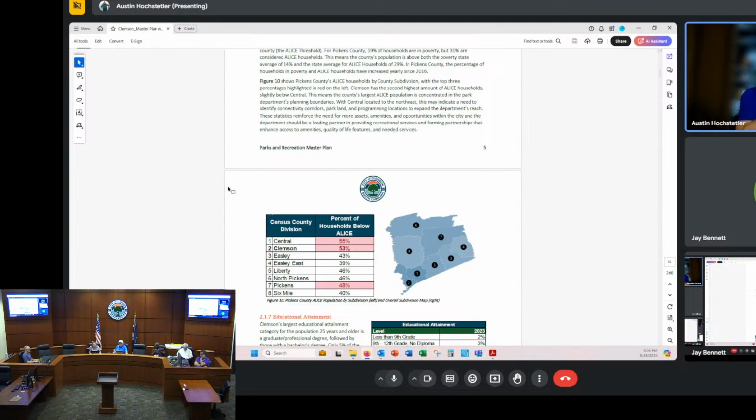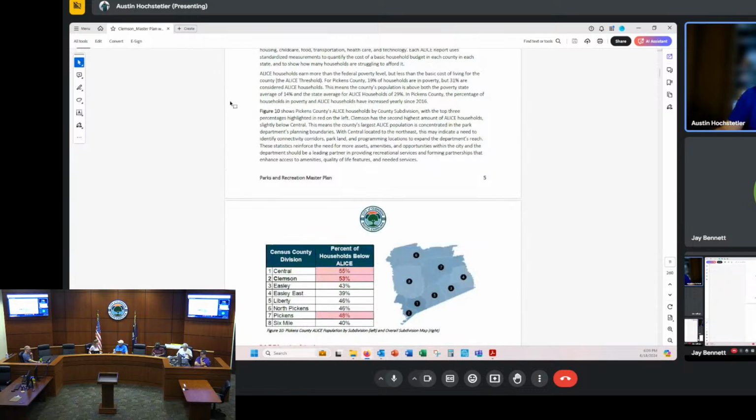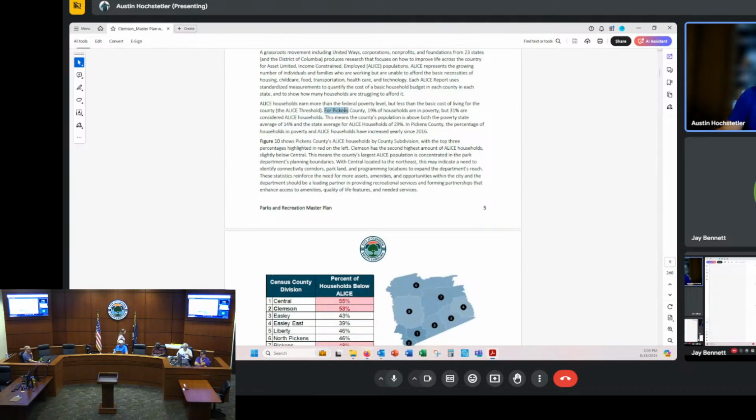United Way looks at an ALICE population, which is the asset limited, income constrained, but employed population. So for Pickens County, 19% of households are in poverty, but 31% are considered ALICE households. It gives a nod to the fact that the poverty level is not necessarily the end-all, be-all when it comes to context around poverty.